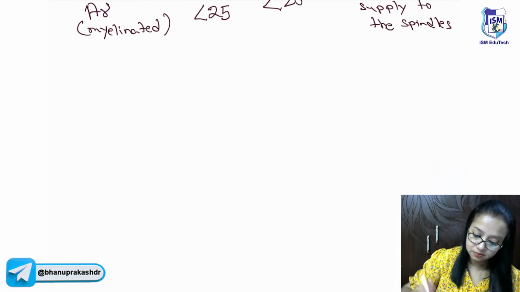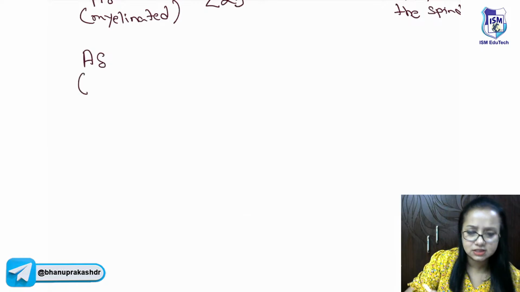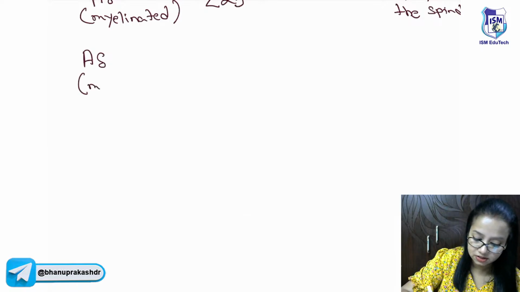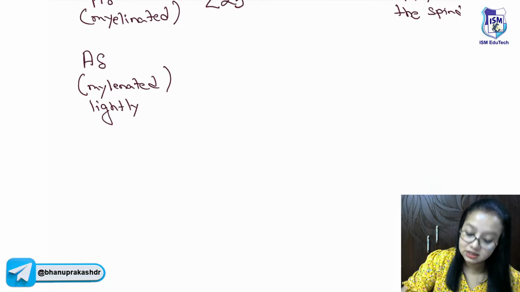Okay, in A, the last subunit that we have is the A delta. Now this one is slightly myelinated. It is not very heavily, it is lightly myelinated. So here the conduction velocity falls even less. The diameter is less than 12.